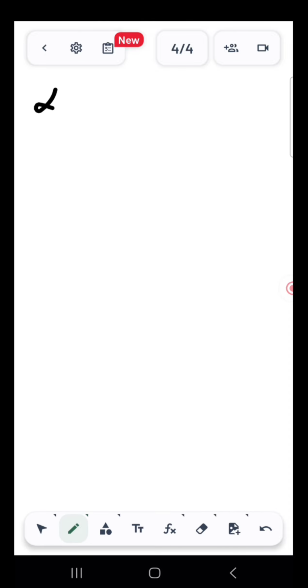The question says show that. So we are showing: they give us an answer, we must get to that answer, prove that answer.